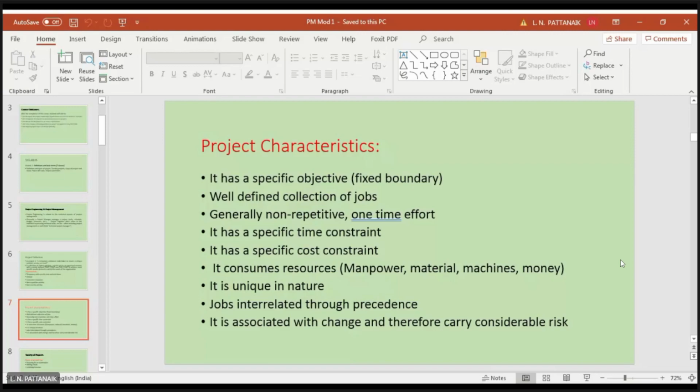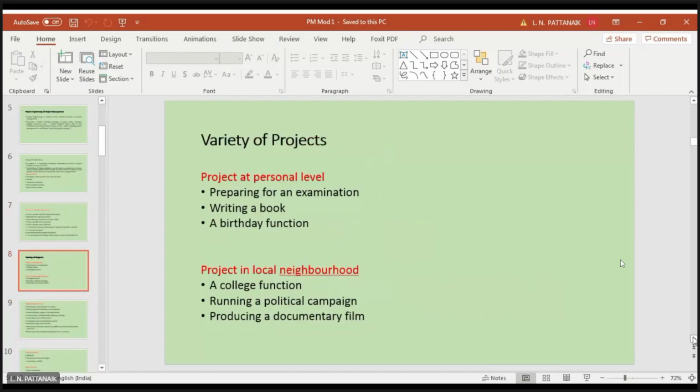Now let us talk about some examples of projects so that you get a good idea of what exactly a project is and how it is different from processes or programs. So, variety of projects.